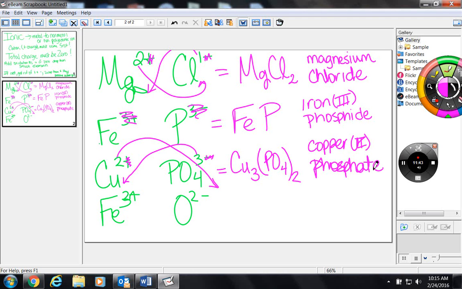All right, what about this one? It is a 3 plus. When you swap the charges, we get rid of the 3, the plus and the minus. 2 comes over here, 3 goes over there. It's a transition metal, so you're going to put the Roman numeral next to it.